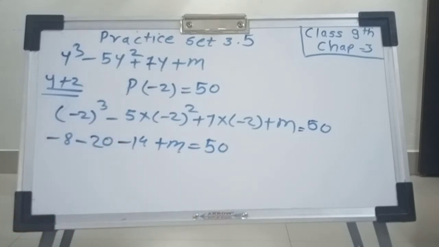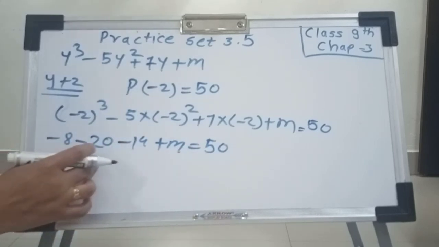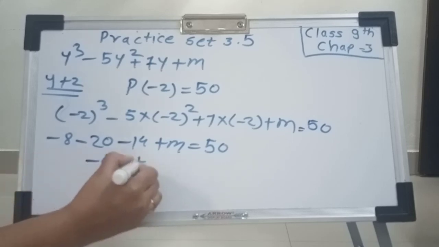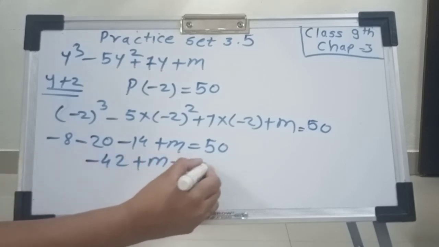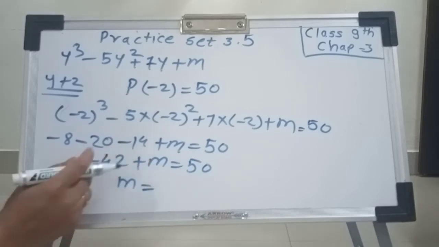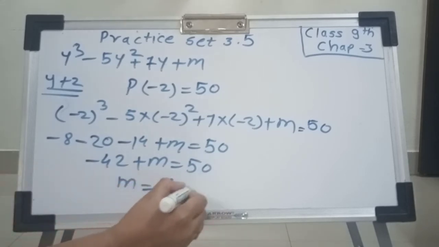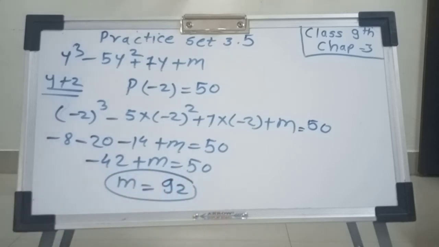Minus 8 minus 20 minus 14 is minus 42, plus m is equal to 50. M is equal to, now take this minus 42 this side, plus 42, 50 plus 42, which is 92. M is equal to 92.